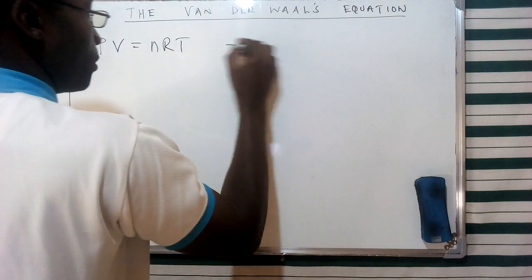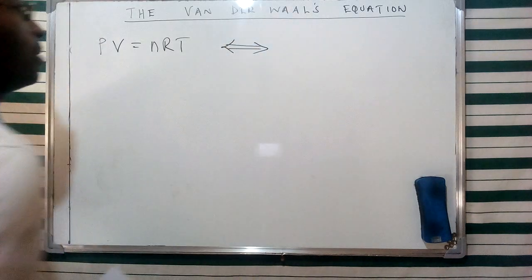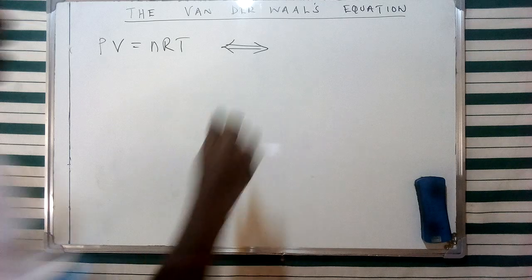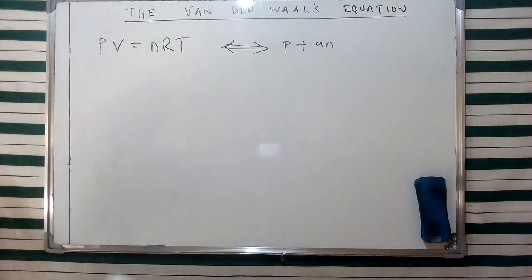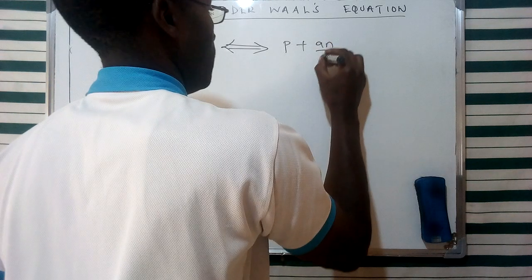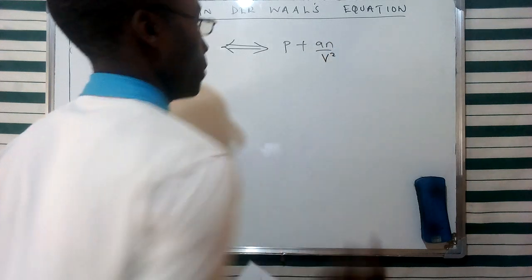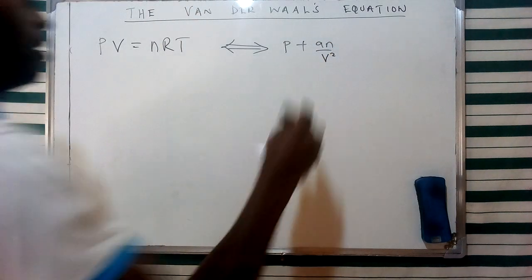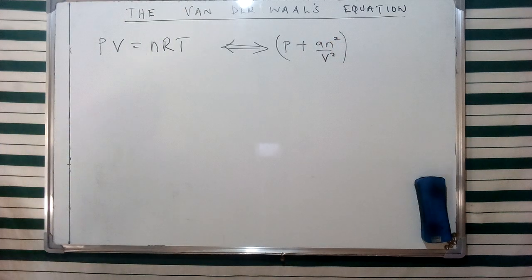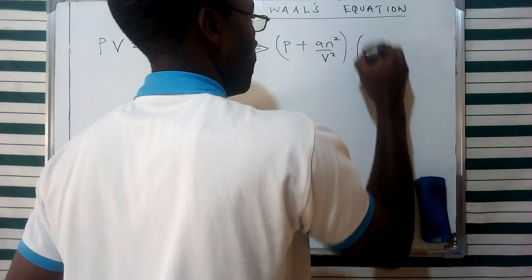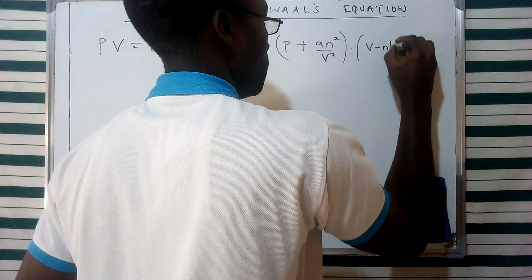nRT. But if we try to consider this, I said basically we can have an equation of state whereby we're going to have pressure plus an^2 over the square of V. So I'm going to give a version of this specific equation, and then we're going to have this one multiplied with V minus nb.